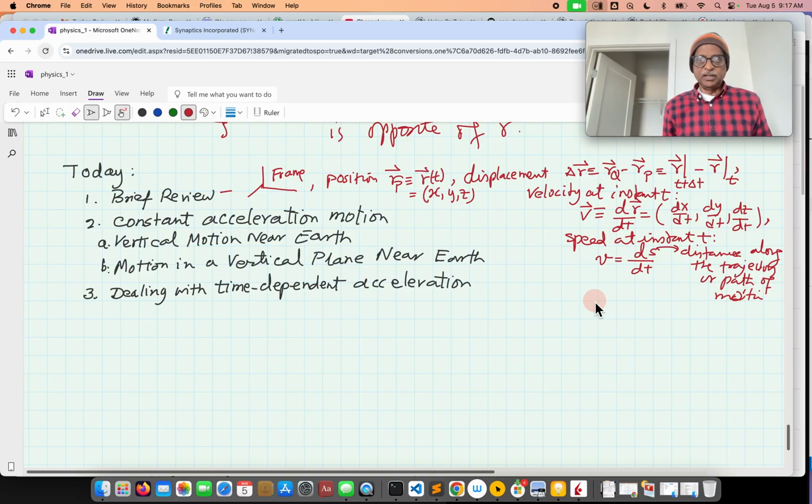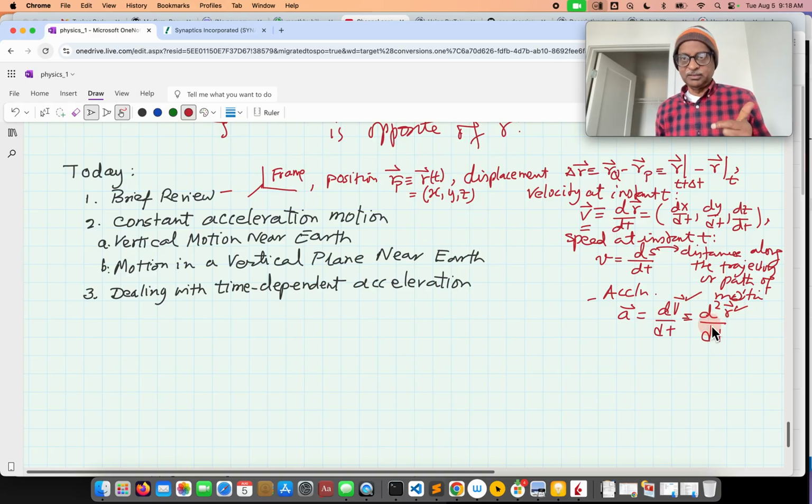And then we did define what acceleration was, which was just taking another derivative. So dv dt, and you put this inside here, which is the second derivative of r with respect to t. And these are abstract. There's no way to take a derivative of a vector directly.